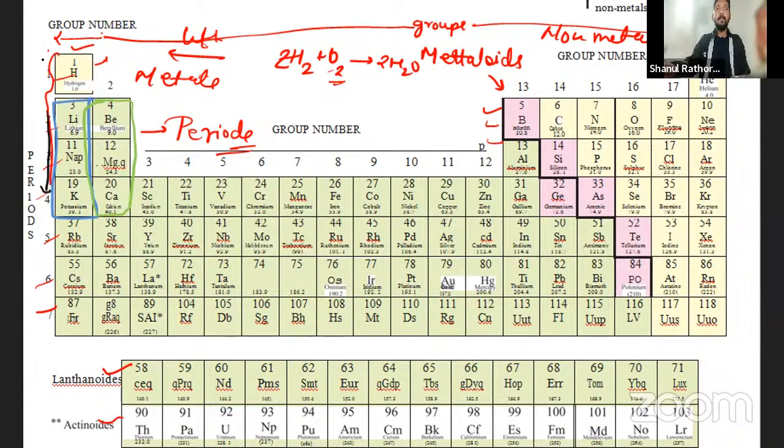So in this periodic table, when we go down a group, one thing is common: atomic mass will increase.